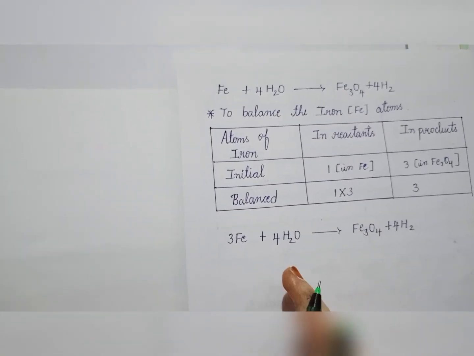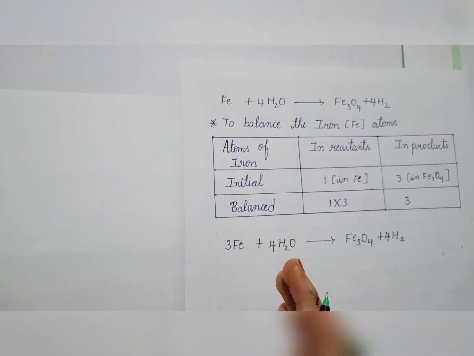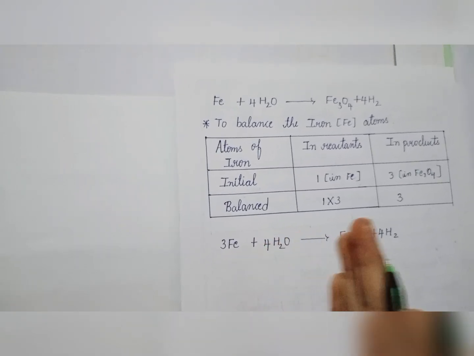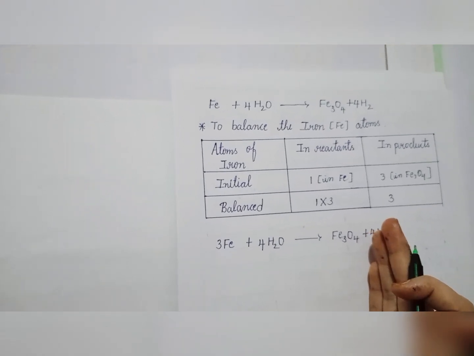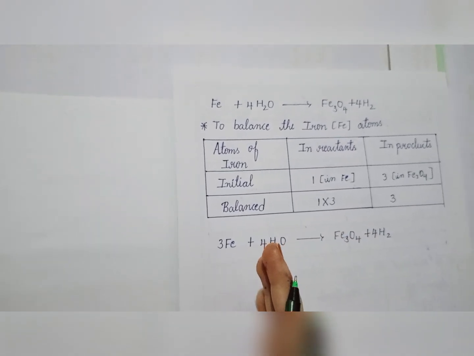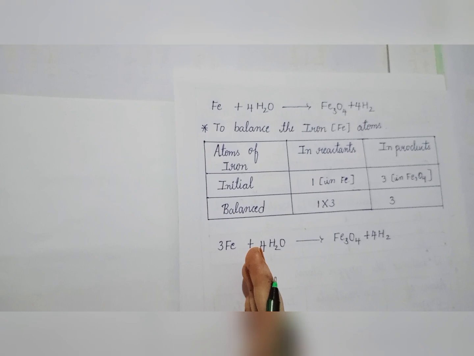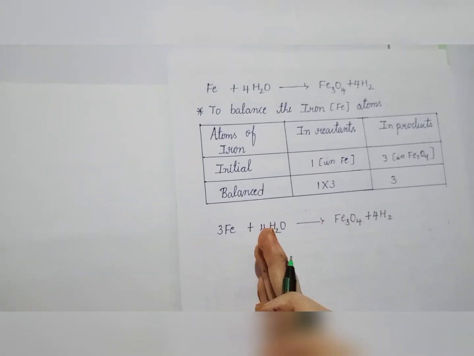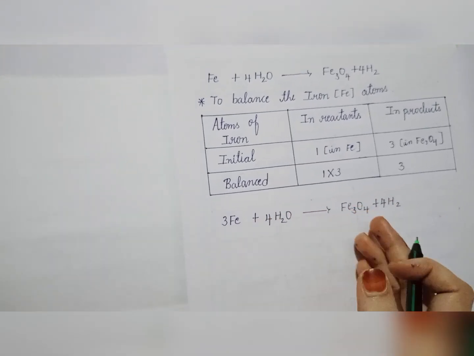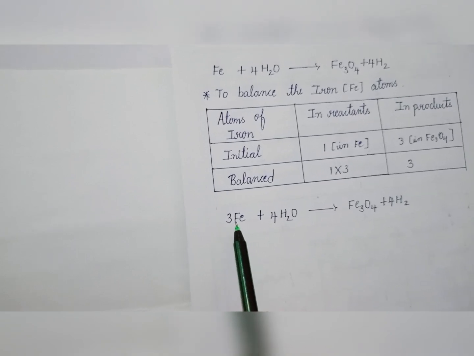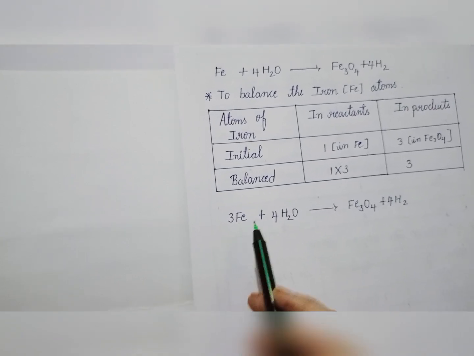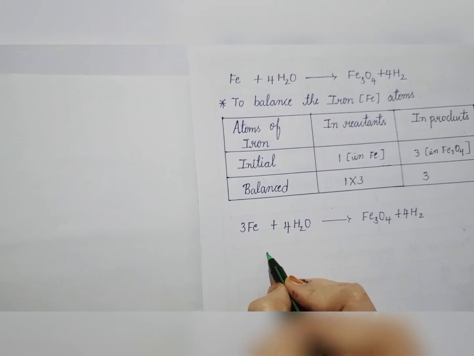At last, we have to count the number of elements in the reactant side as well as in the product side, to check whether the equation is balanced or not. In the reactant side, 3 iron atoms are there.